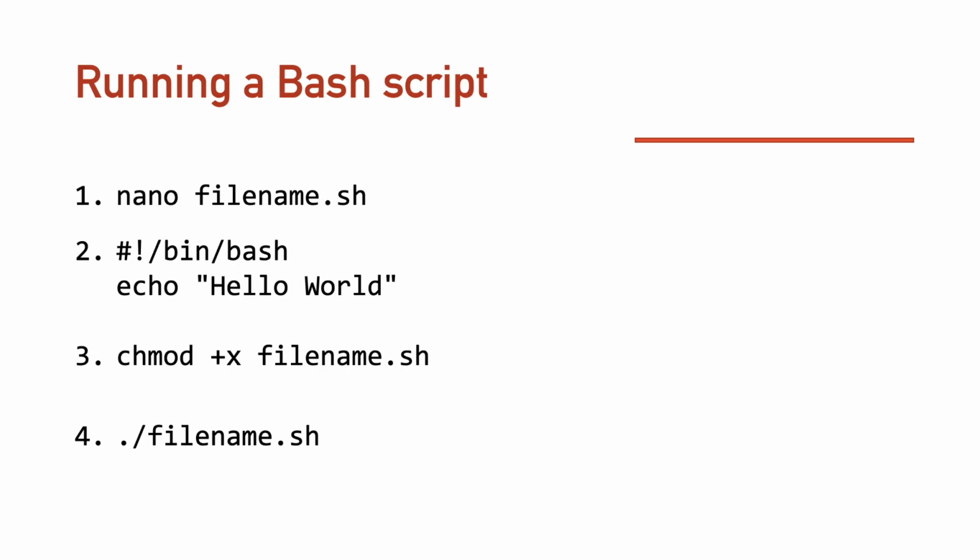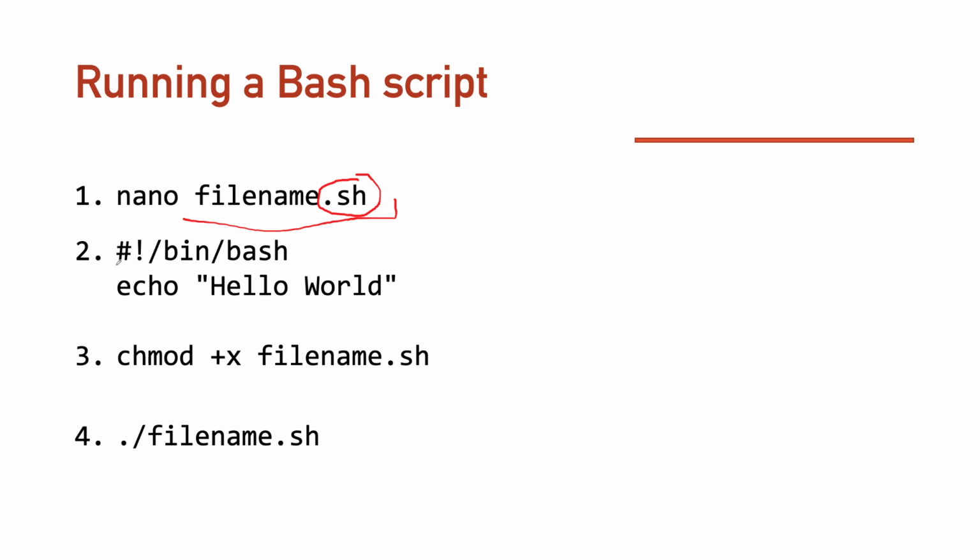How do we run a bash script? I'm going to be using Nano in all my demonstrations today because it's easier. The first thing we do is create a file. In this case, it doesn't matter what it is. Bash scripts traditionally end in .sh, just because they do.